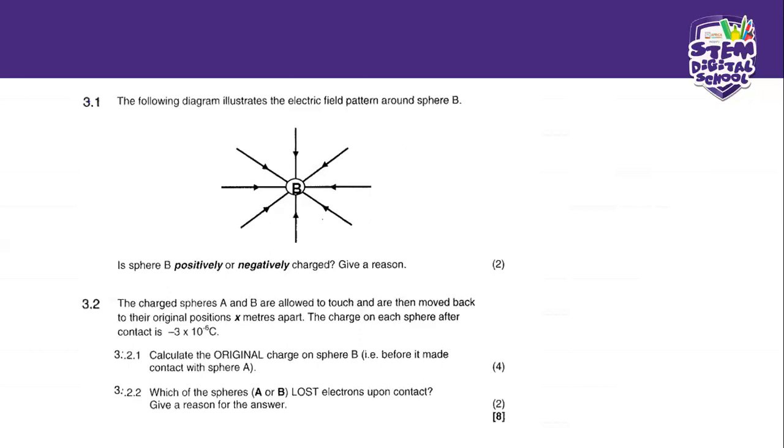Okay, are we getting it? The aim is to help you concentrate, not to talk too much and end up distracting you. So that's number 3.1 and 3.2.